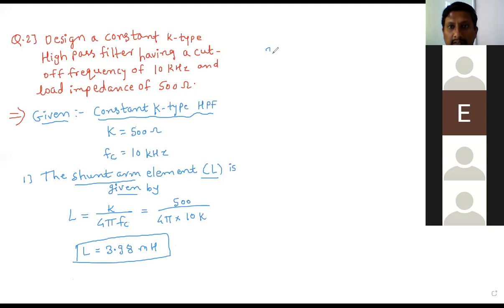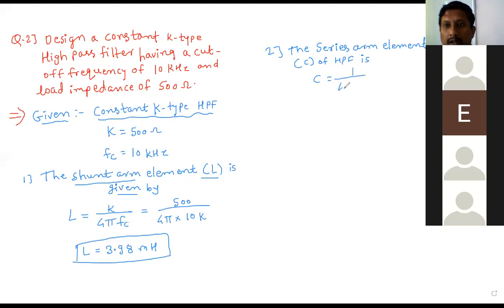So next, second thing, that is the series arm element. The series arm element, that is the C of high pass filter, is C equal to, with respect to the inductor formula, just take K in the denominator.